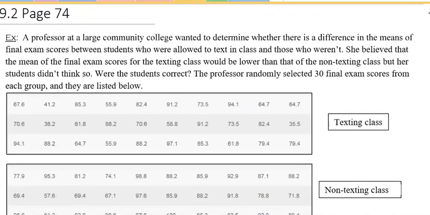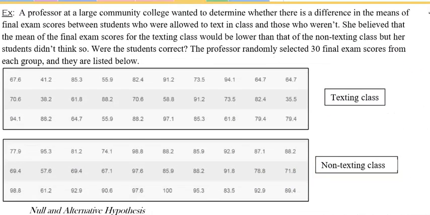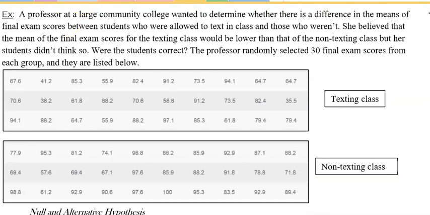Okay, the next problem has a bit of work. A professor at a larger community college wanted to determine whether there is a difference in means of the final exam scores between students who are allowed to text in the class and those who weren't.